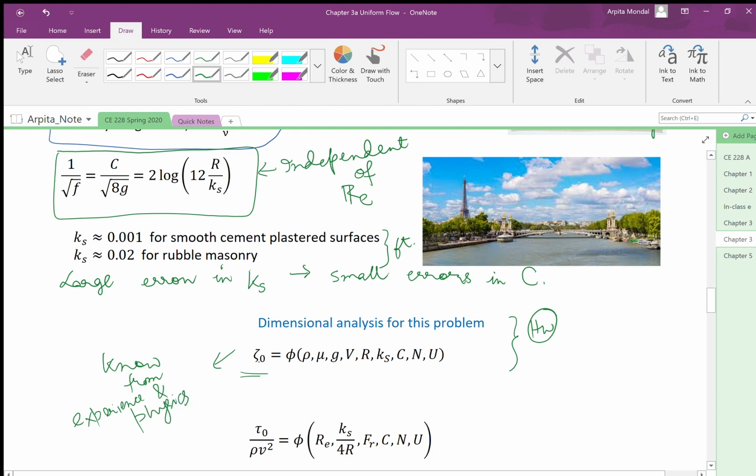So the boundary frictional resistance, shear stress tau naught, is a function of the density of the fluid, the viscosity of the fluid, the acceleration due to gravity, the velocity of the fluid, the hydraulic radius, the roughness height, and C, N, and U. These are all non-dimensional terms, these three.